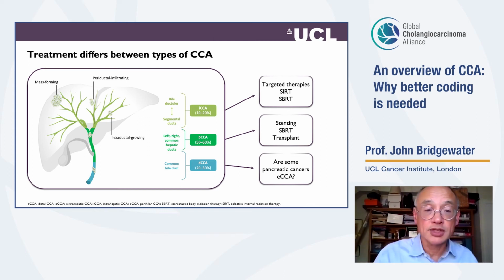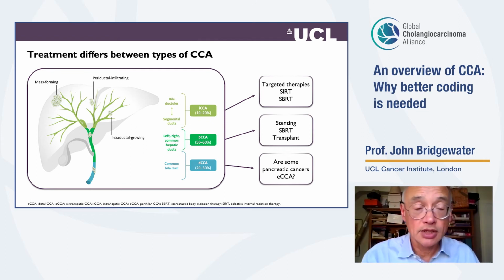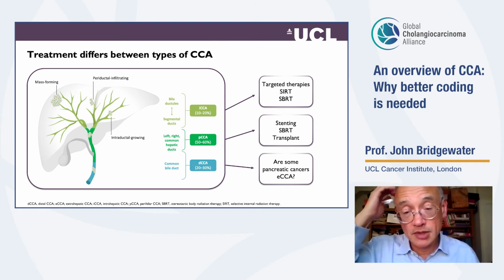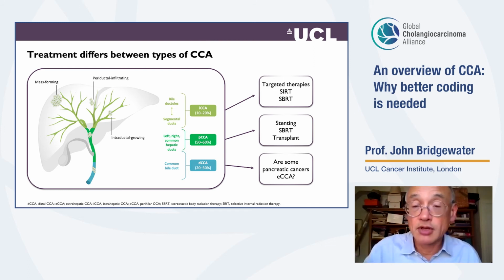And so it's very important that we know the true number, the true percentage of these, and not only the true percentage of intrahepatic cancers, but ideally the true incidence of intrahepatic cancers that are sensitive to pemigatinib. That data is estimated. It's not entirely known for the reasons you've heard. There are other treatment options for these patients as well.